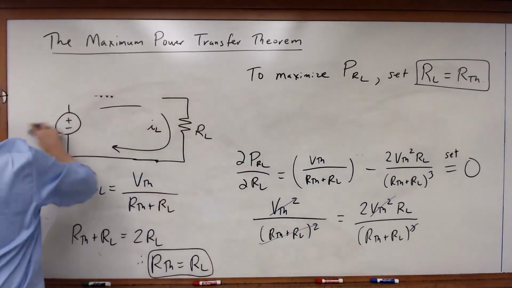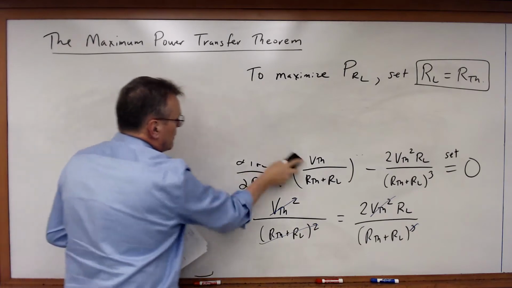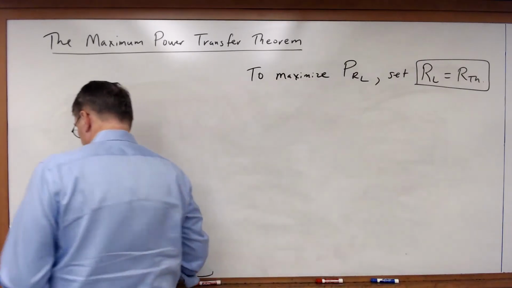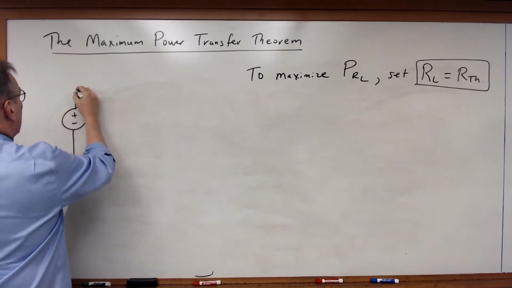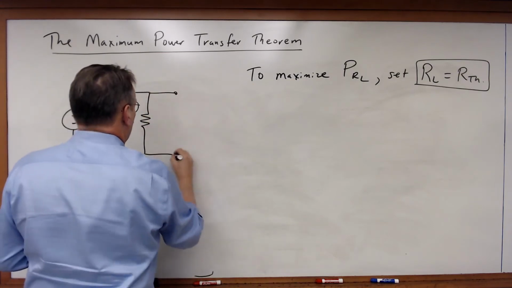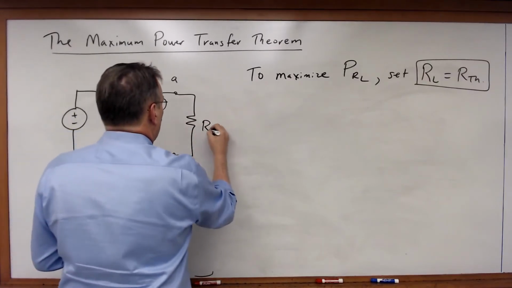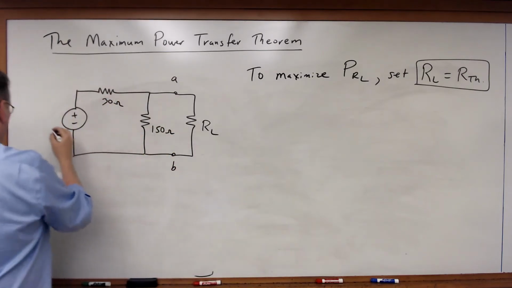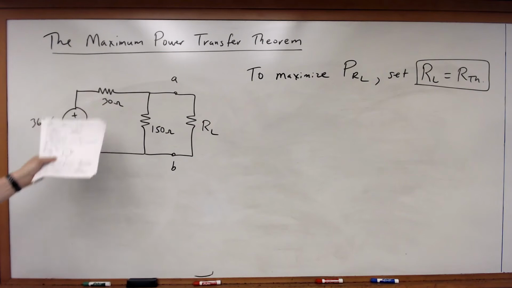Assume we had a circuit like this. Okay, so I've got a simple circuit here, just a source and 2 resistors.